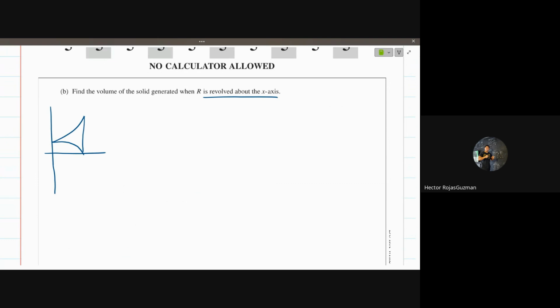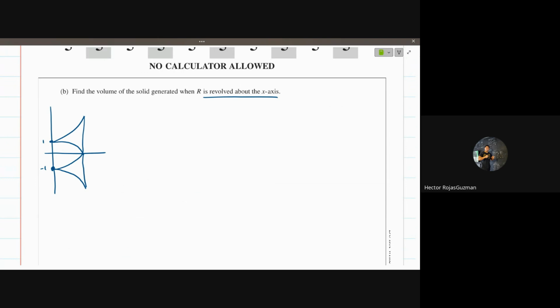And when you revolve it about the x-axis, the point right here, the y-intercept 1, is going to be reflected all the way down to -1. We're going to have a line here, revolved, right? This is basically e to the x. And then we have the square root of cosine of x.